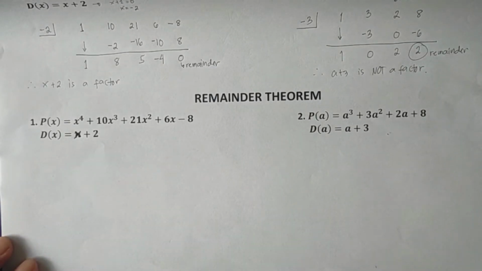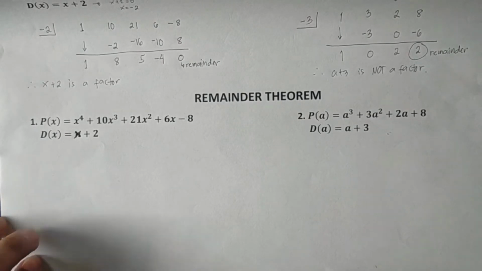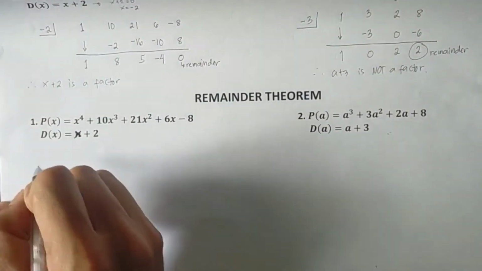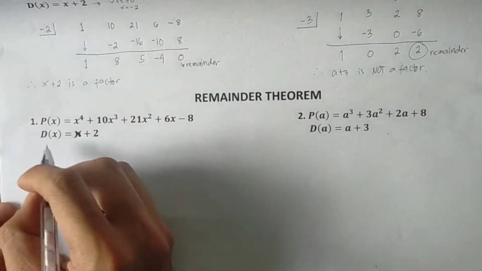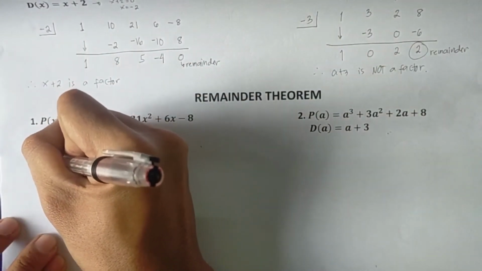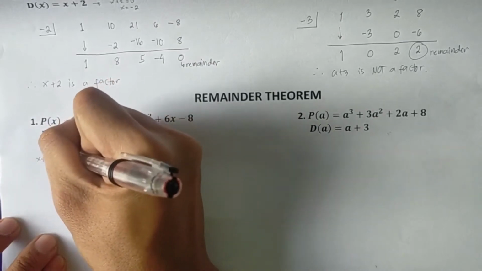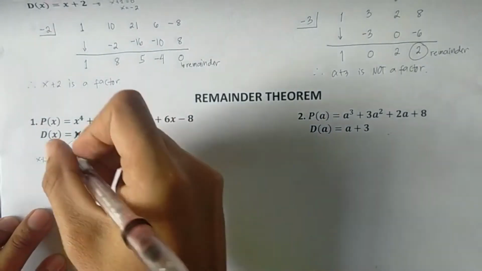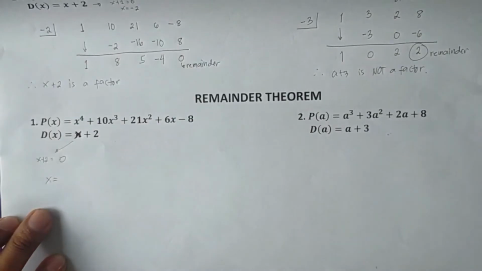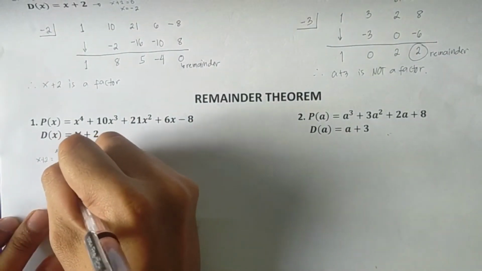We are going to get first the value of x from the d of x. So here we have x plus 2 equal to 0, so x equals negative 2.